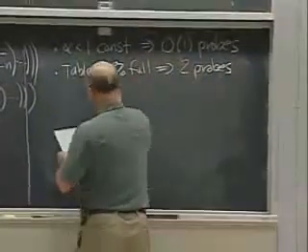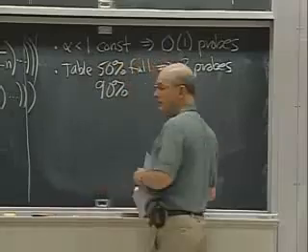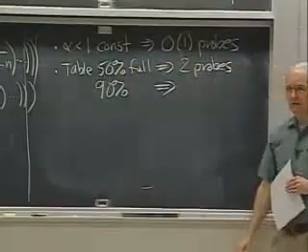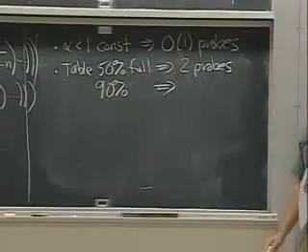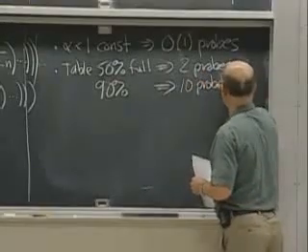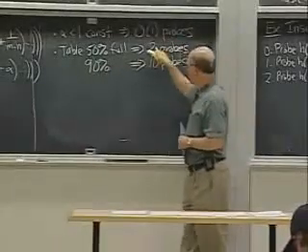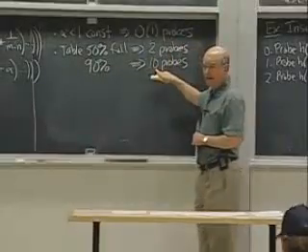If I let the table fill up to 90%, how many probes do I need on average? 10. So you can see that as you fill up the table, the cost is going up dramatically.